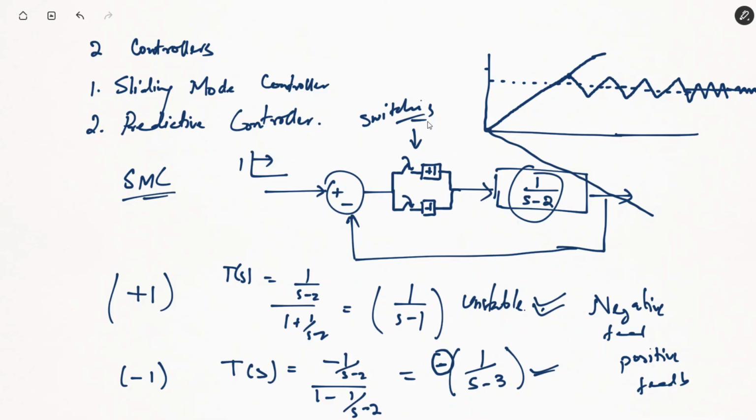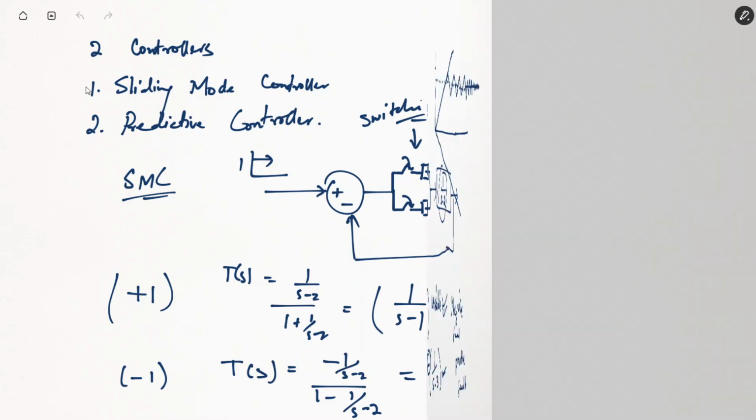We have to define the sliding surface here. We have to define the equations for the reference trajectory. Then that is how a sliding mode controller is implemented. This is a basic form of sliding mode controller. There's more to it, but for now, this should suffice for this semester.